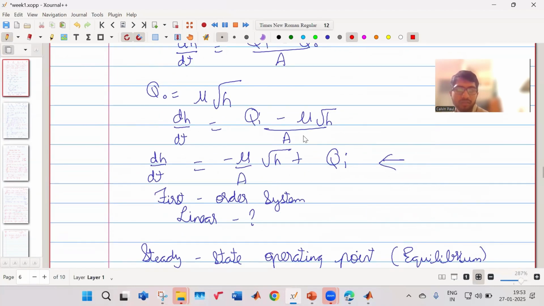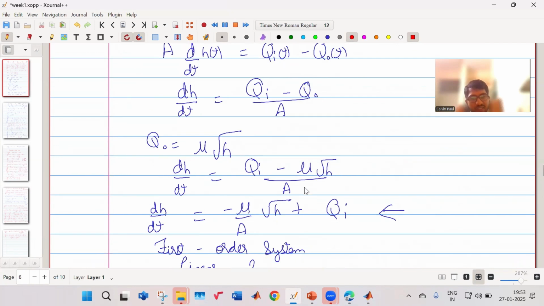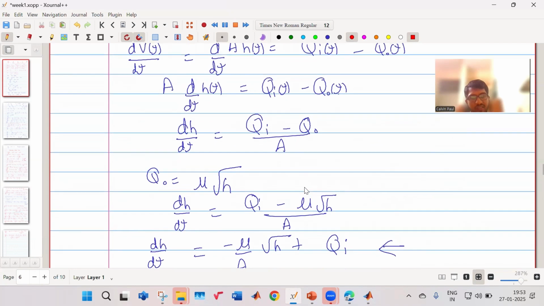Sir, whether in general dynamic system there will be a function of time, or how can we clarify from this equation whether it is a function of time? Nonlinear function of state and input, or a nonlinear function of state, input, and time. That is the confusion which is coming.